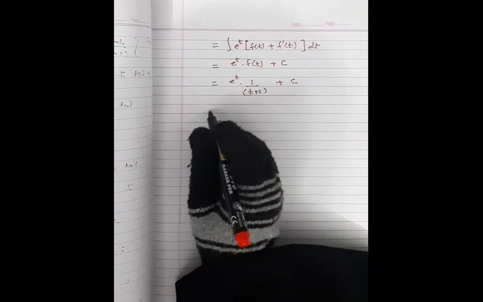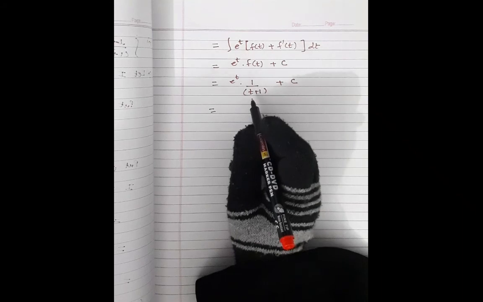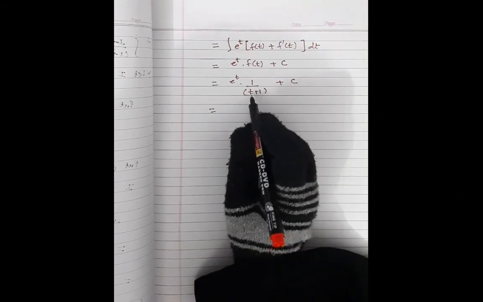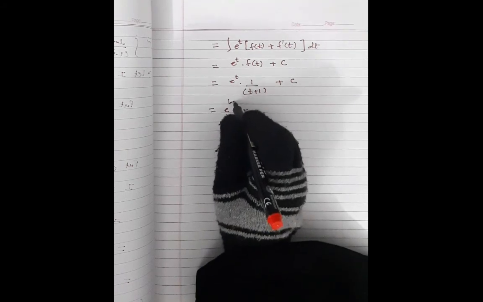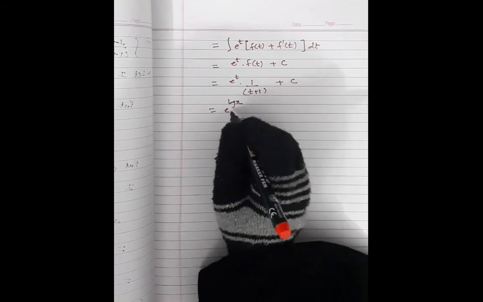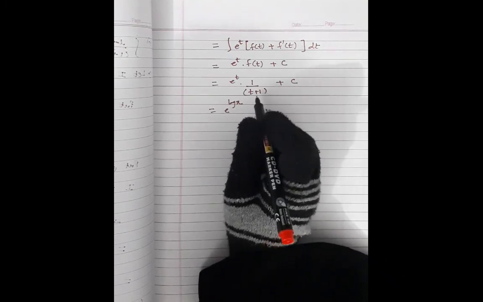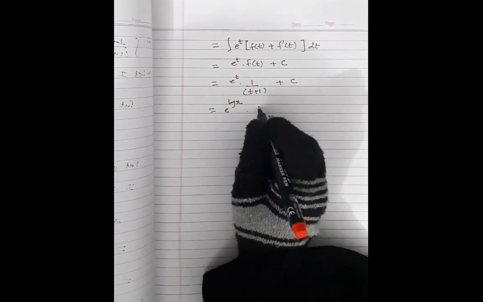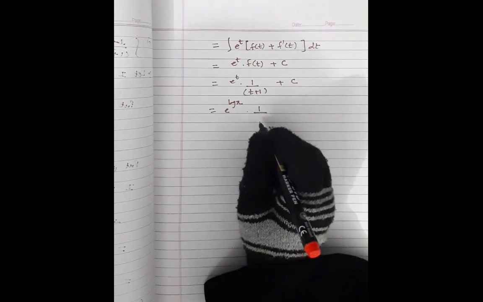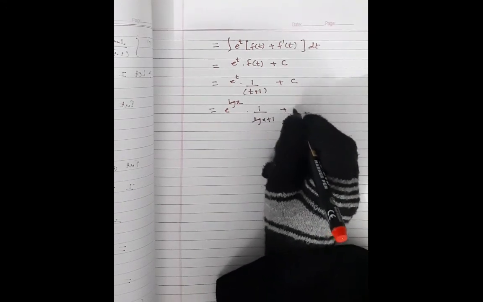And in the last step, students, resubstitute the value of t. What is t? t is log x. So here we will write e raised to log x, and 1 upon t plus 1 we will write as 1 upon log x plus 1, plus c.